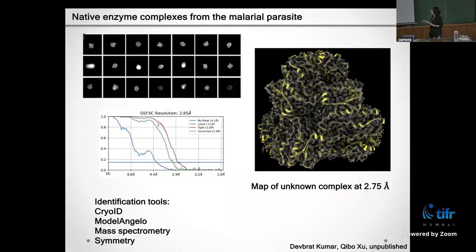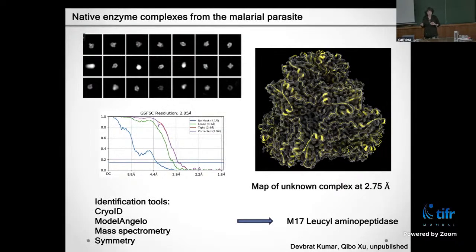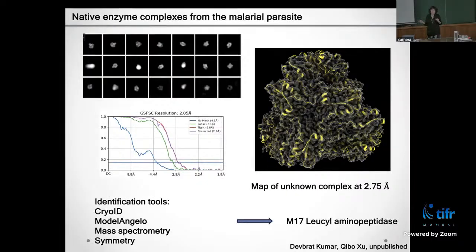Eventually it was identified as an enzyme called M17 leucyl aminopeptidase. This is a very crucial enzyme for the malarial parasite. It is required for a sort of processing of protein within RBCs at the merozoite stage, and this is also secreted.